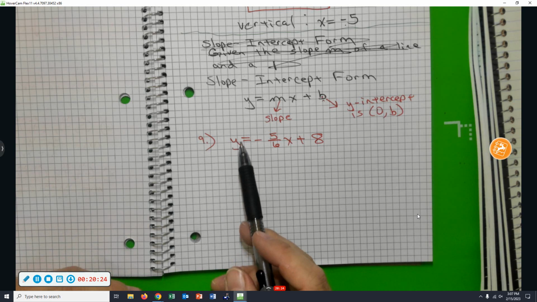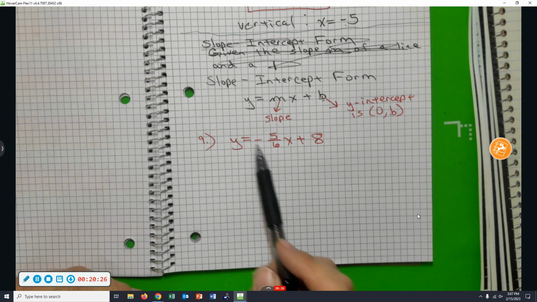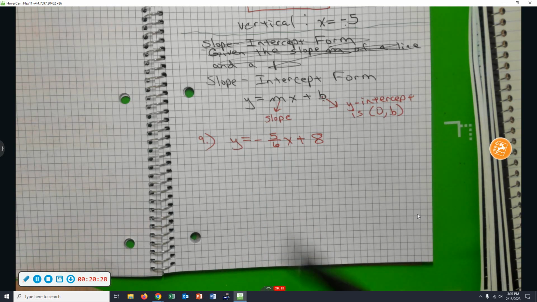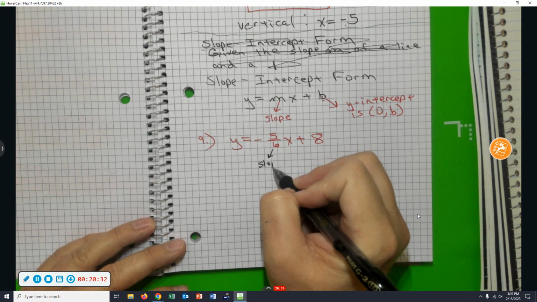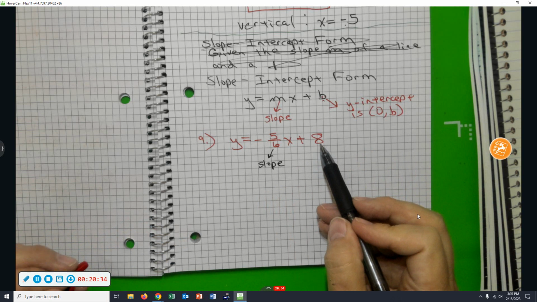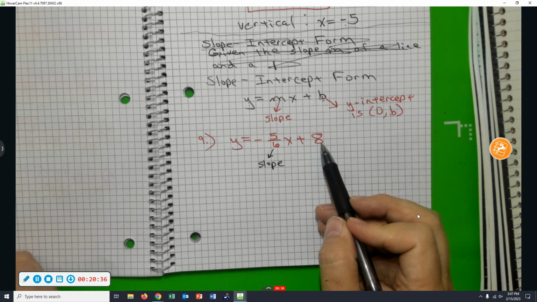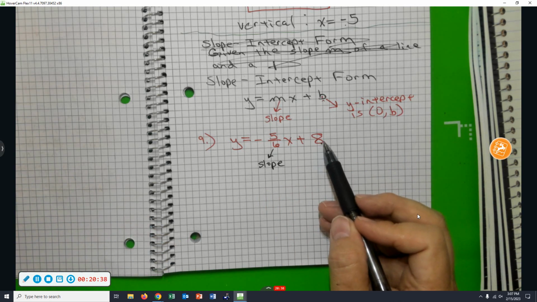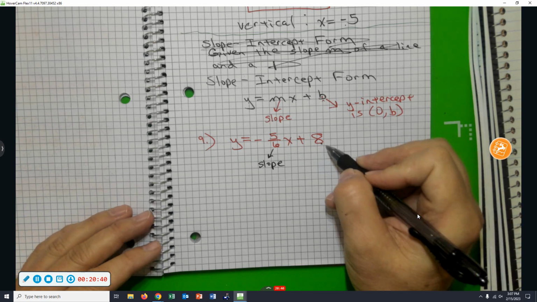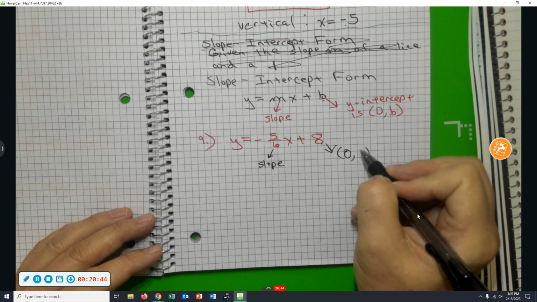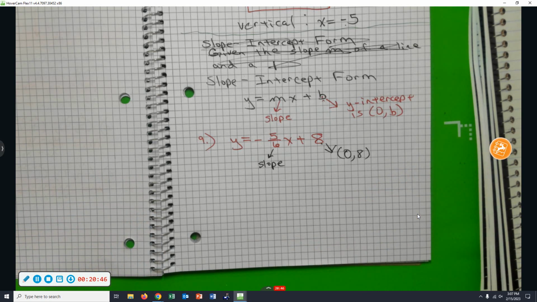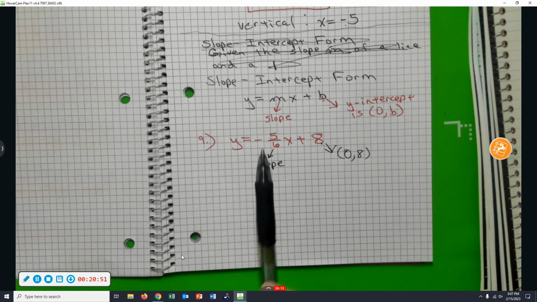If the equation is already solved for y, the number in front of x is the slope. So negative 5/6 is the slope. This number here is the number that the graph crosses the y-axis at. So the y-intercept would be 0, 8. Not a lot of work.